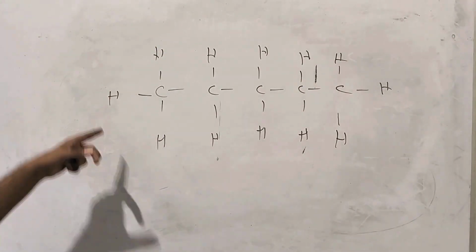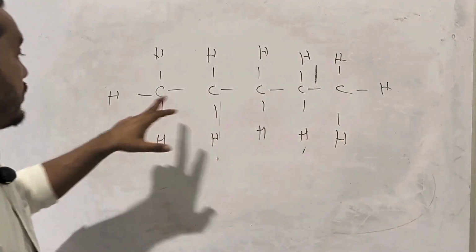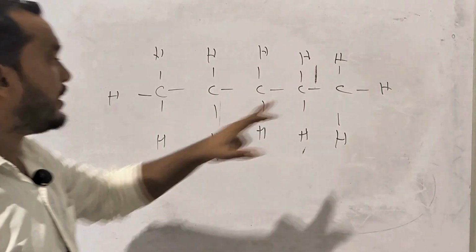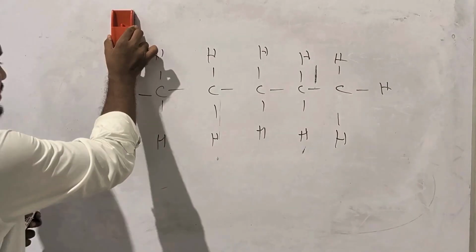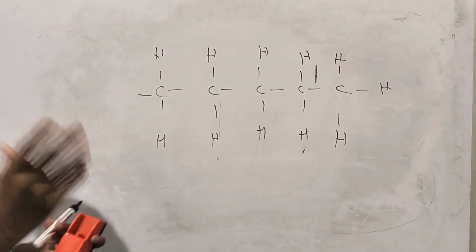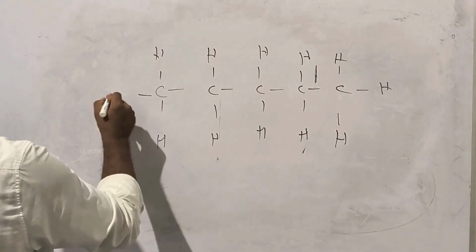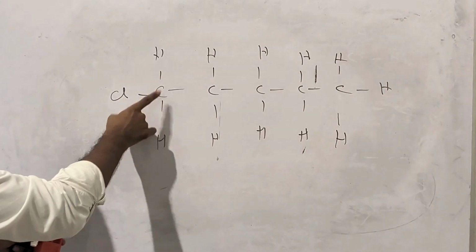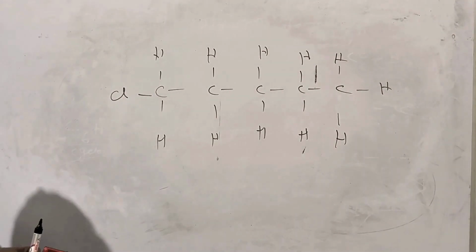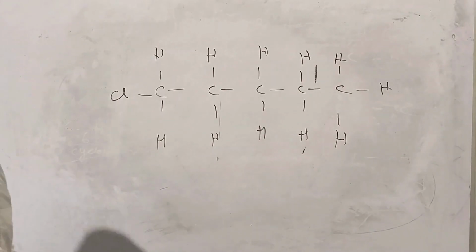What is the name of this compound, with 1, 2, 3, 4, 5 carbons? It is pentane. In a hydrocarbon chain, if I replace one hydrogen with another atom in such a way that the valency of the carbon remains satisfied, this atom is known as a heteroatom.